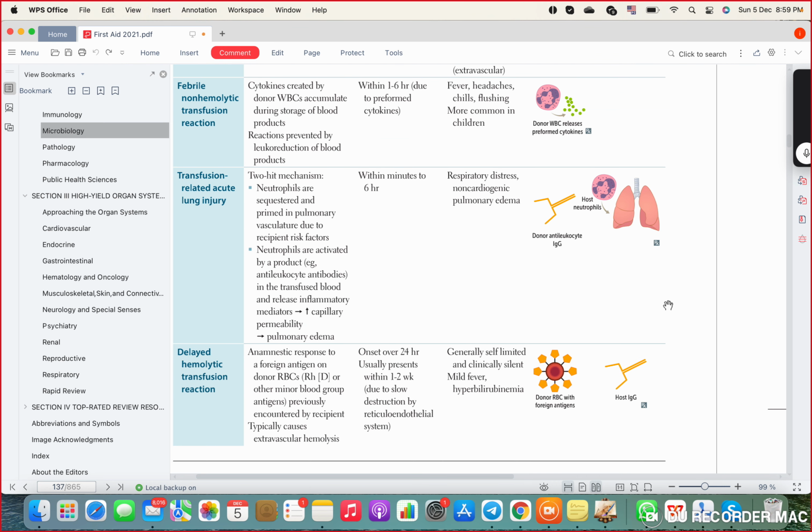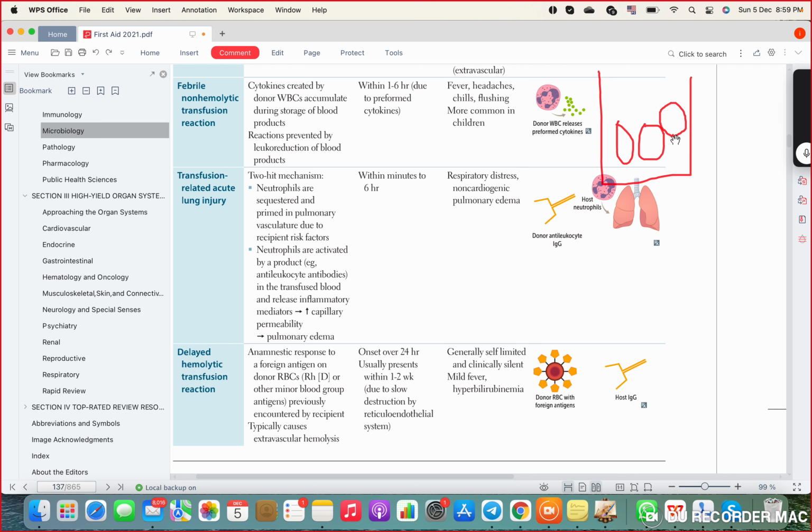Next one, febrile non-hemolytic transfusion reaction. It's febrile, so of course they will have fever. But it's non-hemolytic, which means they will not have any hemolysis, not increased bilirubin. Why did this happen? The blood has been staying there for a long period of time, so it started releasing cytokines.